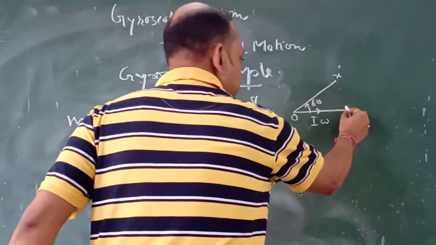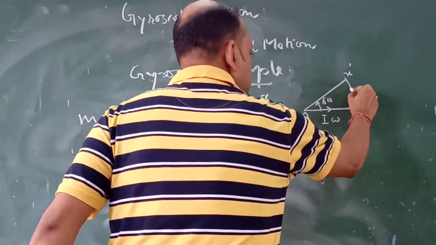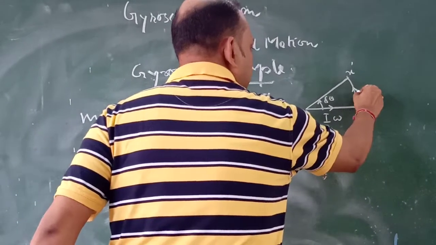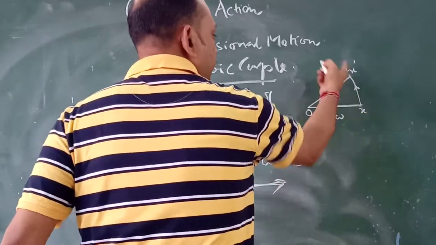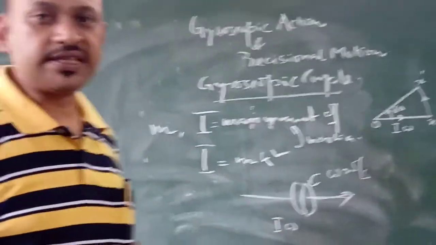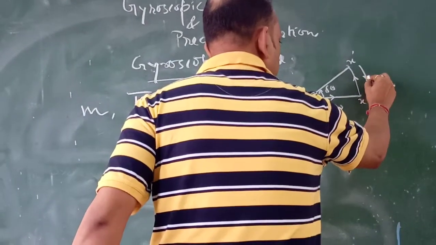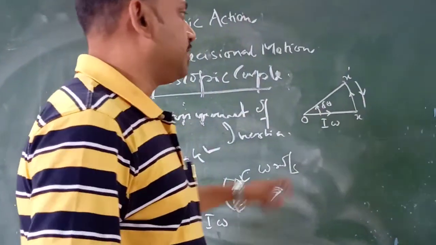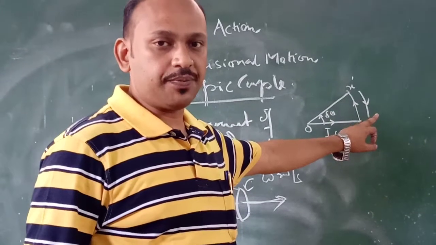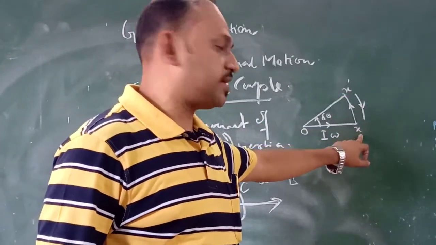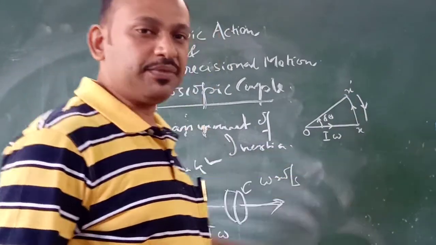So what is the net change of angular momentum? This is the net change of angular momentum. So we can say that X to X dash is the active gyroscopic couple, and acting opposite to this in order to balance the system, that will be the reactive gyroscopic couple of magnitude X dash X, and both of them are the same thing.